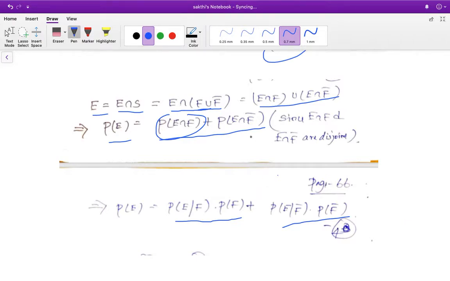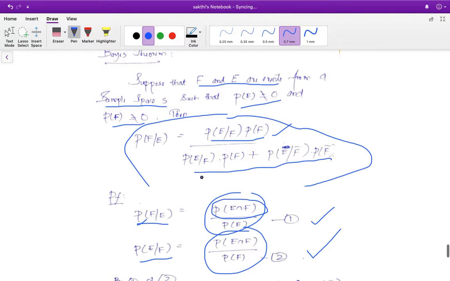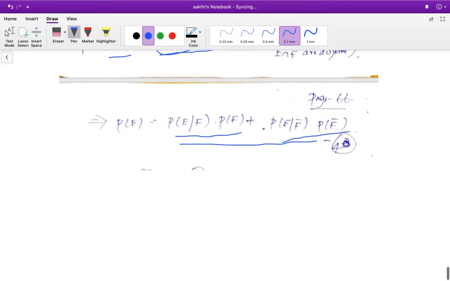That is just replacement of F by F bar, that's all. Okay. So P of E is this value, and that's what we needed to show, right? So that's what we have shown here also, P of E.